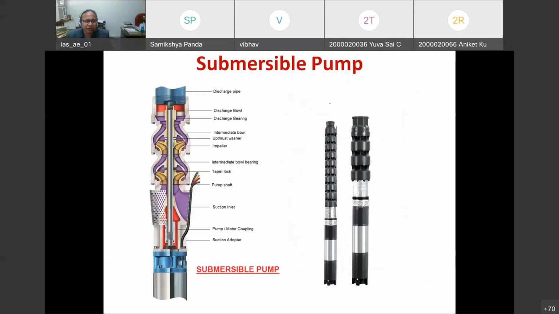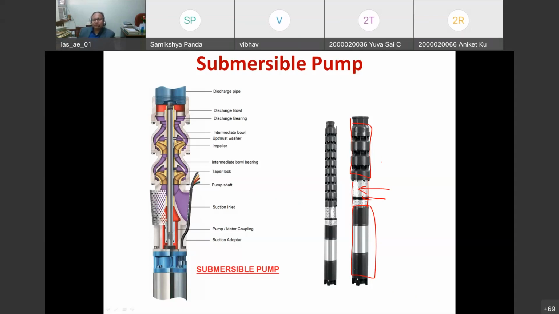So with the development of technologies, the submersible pump was invented. In the submersible pump you can see again that there is a prime mover. This part is the electrical motor, and this is the part of the pump, connected to the sieve. Here water will enter, and we can increase the number of these cups or bowls if we require more delivery lift.